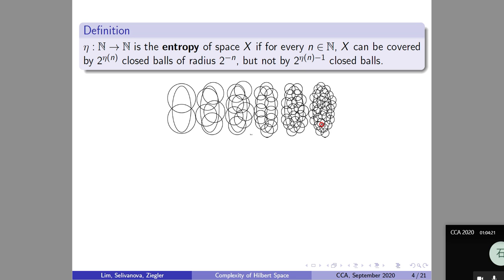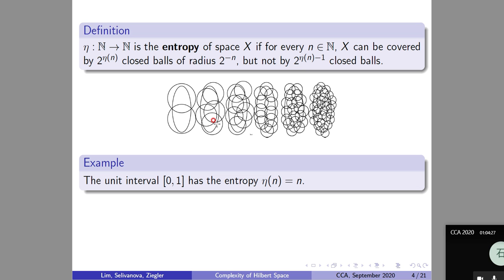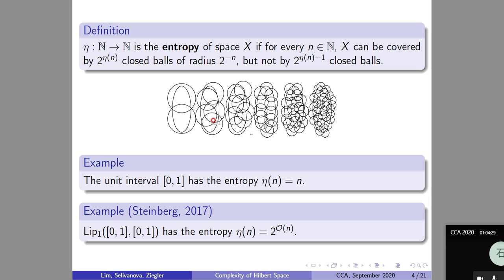This is defined as the entropy, the function from the radius size to the number of balls needed to cover the space. As an example, the unit interval has a linear entropy, a fairly slowly growing entropy, but for a more complicated space like the space of one Lipschitz functions from the unit interval to the unit interval, this space has an exponential entropy.